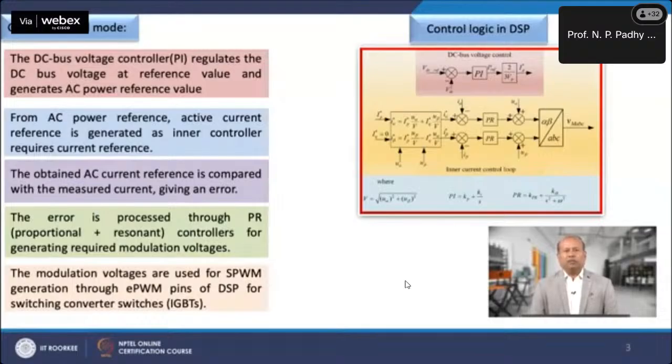The modulation voltages are used for SPWM generation through the EPWM pins of the DSP for switching the converter switches, commonly IGBTs. The control parameters of the PI controller as well as the PR controller can be obtained through proper tuning, ensuring that the stability margin is high.